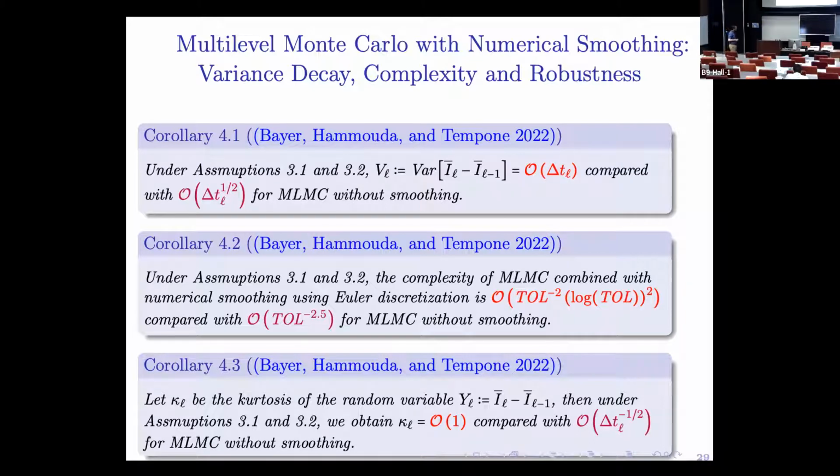The last thing we showed is that we now have more control on the kurtosis, which is of order O(1), so it's bounded, compared to a growth of order Δt_L to the power -1/2 if we don't do any smoothing.